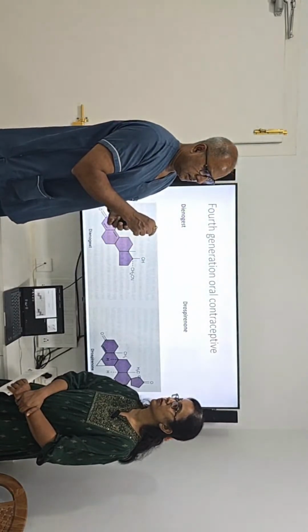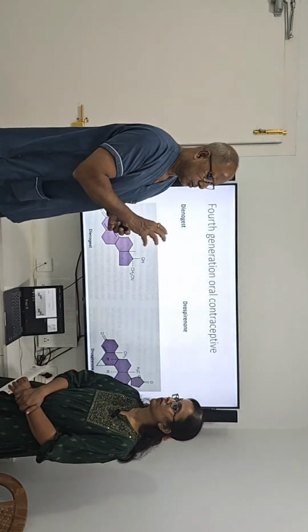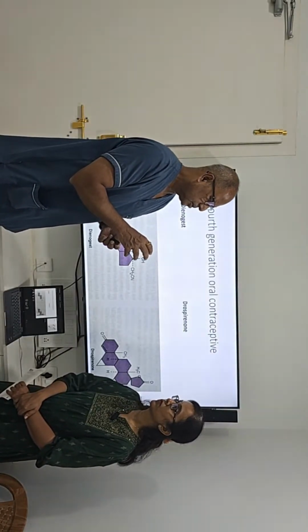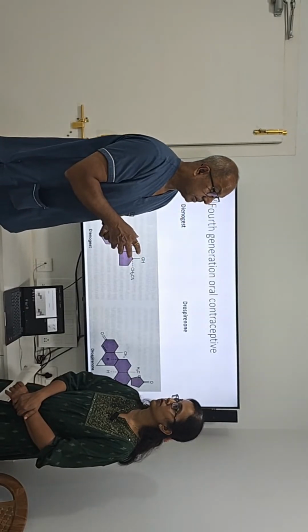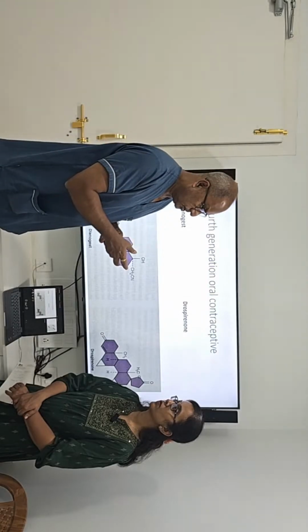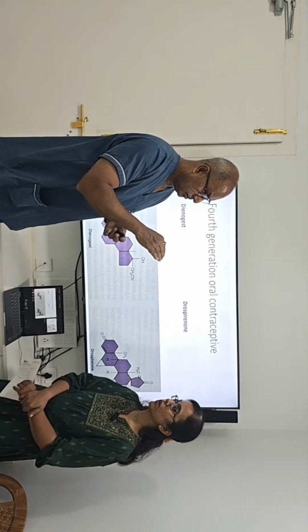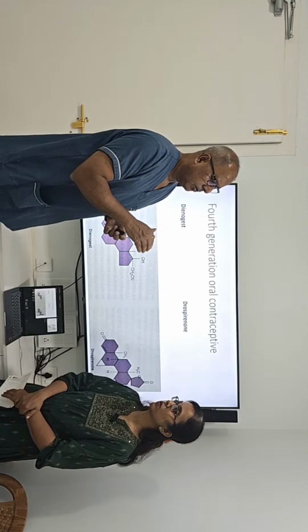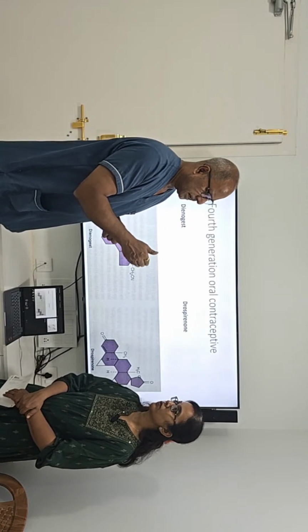Now ethinyl estradiol is the so-called main culprit of thrombosis. So we have a complication of oral contraceptives with thrombosis. How do you reduce it? By reducing the estrogen. Now I am asking a question. You are a practicing gynecologist.